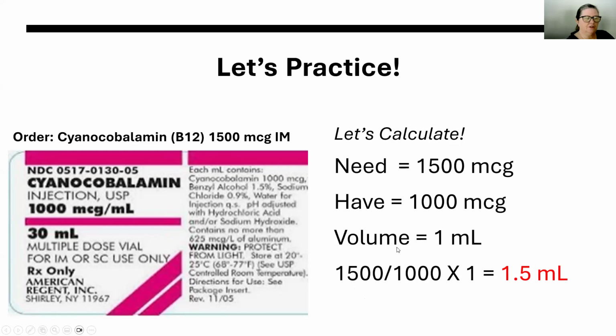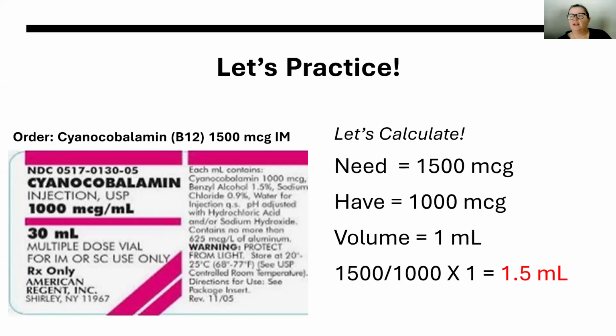So 1,500 divided by 1,000 times 1 is 1.5. So if you drew up 1.5 milliliters of B12, you would have the correct dose that the doctor ordered. You would have the 1,500 micrograms.